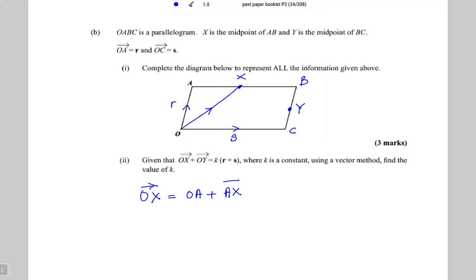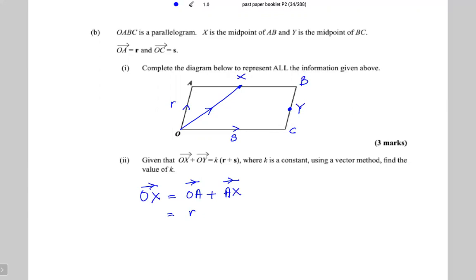This is the triangle law of vectors. You start at O, end at X, and the next letter goes in the middle, so it's like you're following a path. OX is equal to OA plus AX. Now, OA we already know is R.